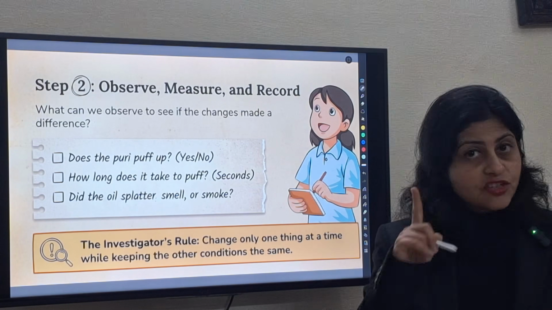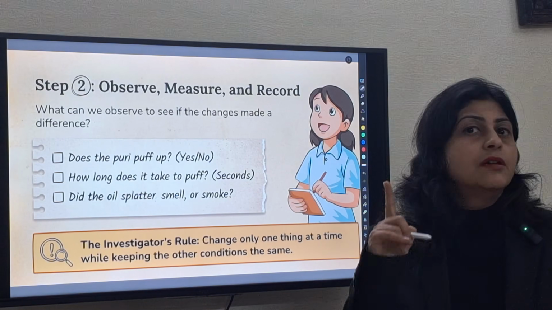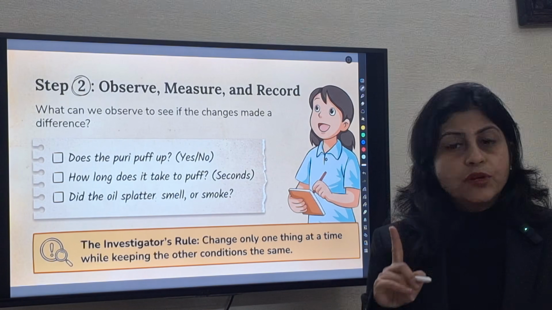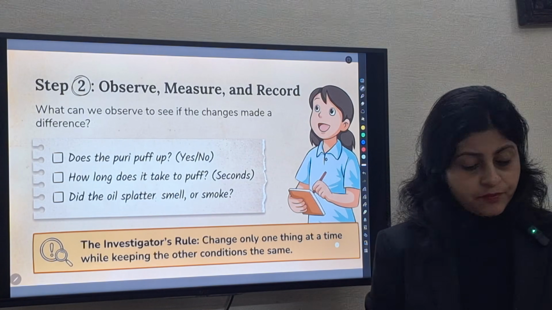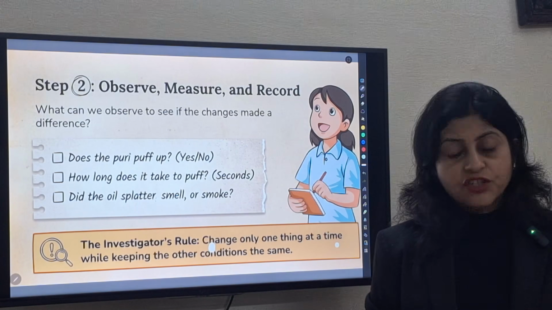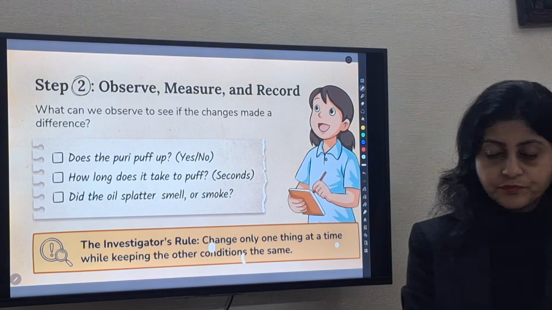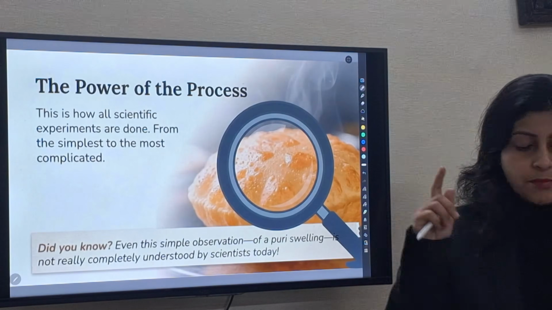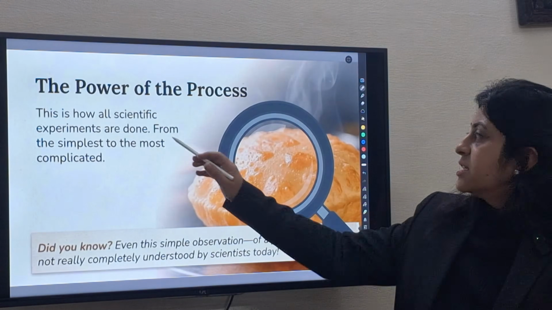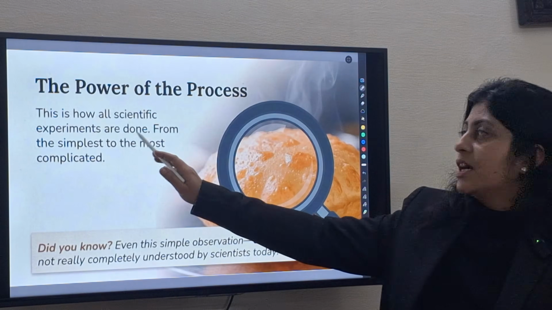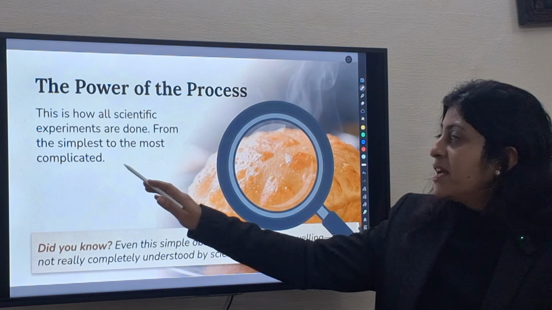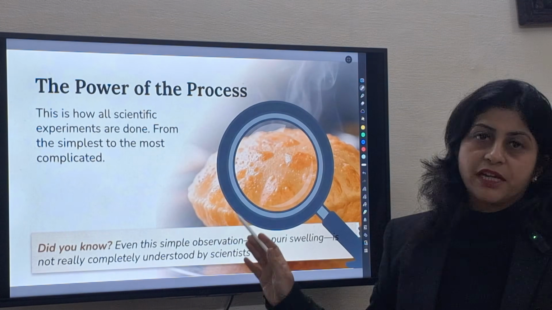The investigator's rule, as I just informed you: change only one thing at a time while keeping the other conditions the same. The power of the process. This is how all scientific experiments are done, from the simplest to the most complicated.